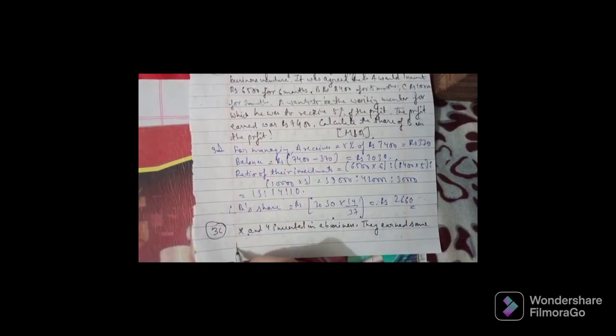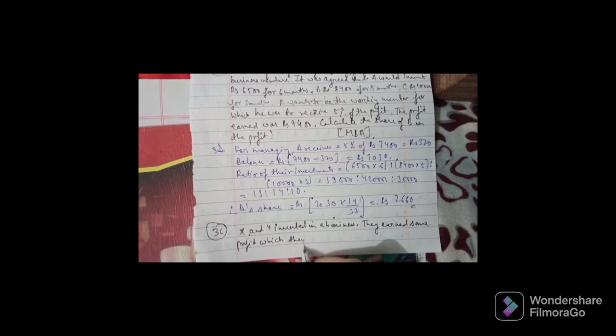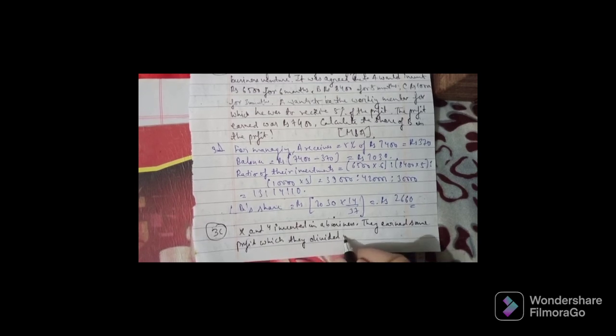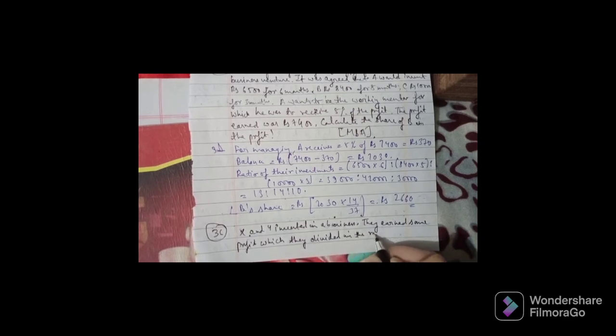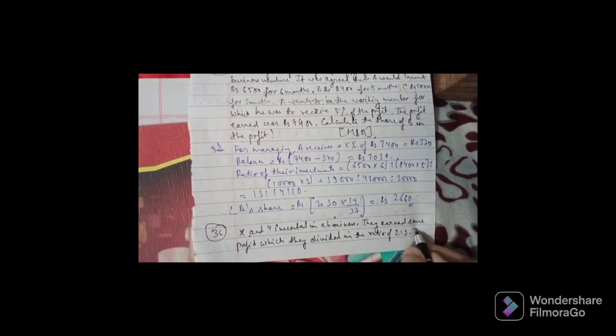They earned some profit, which they divided in the ratio of 2:3.